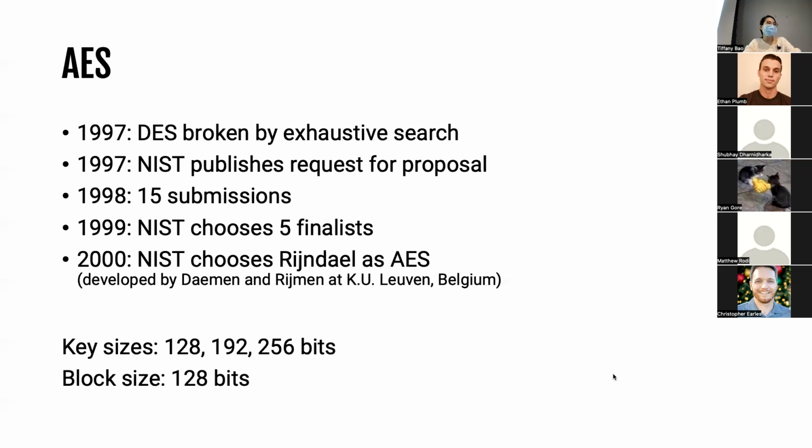And in 2000, NIST decided and wrote down the final AES standard. AES can have key sizes of 128, 192, and 256 bits, and the block size is constant: 16 bytes, which is 128 bits.